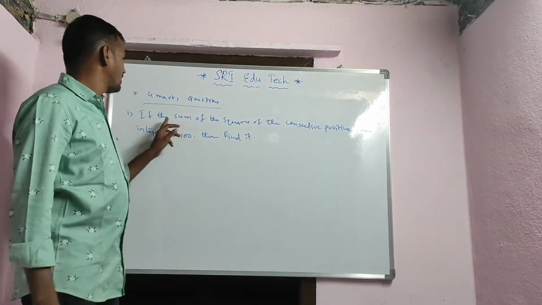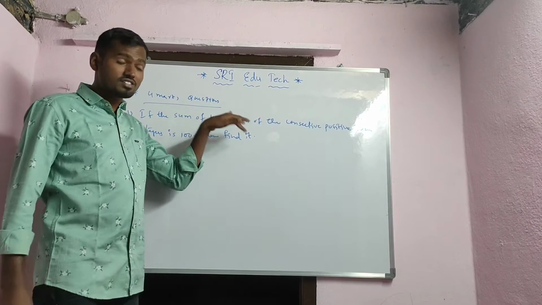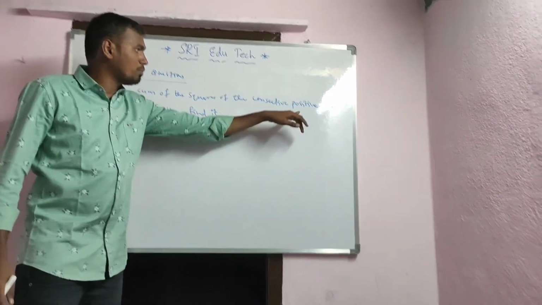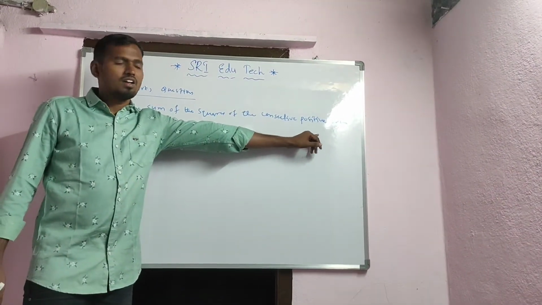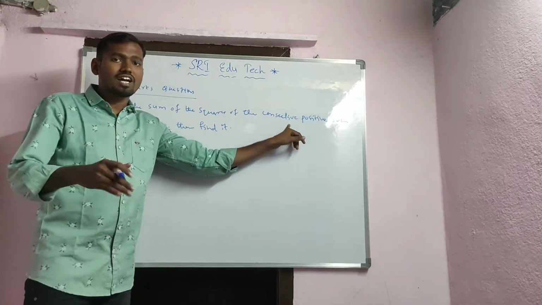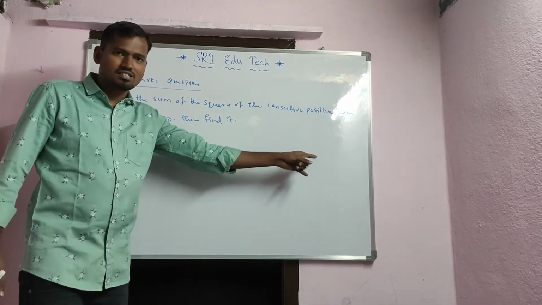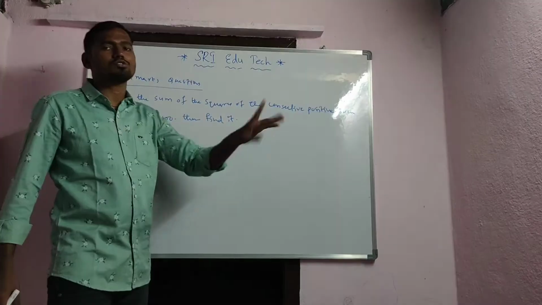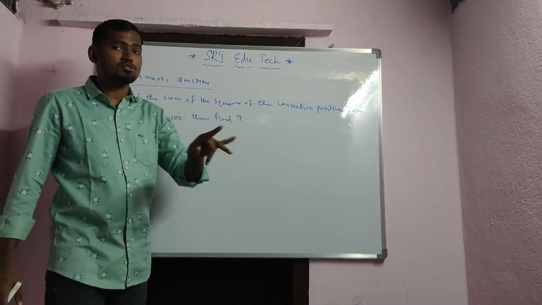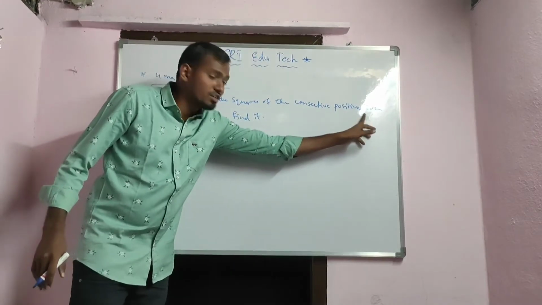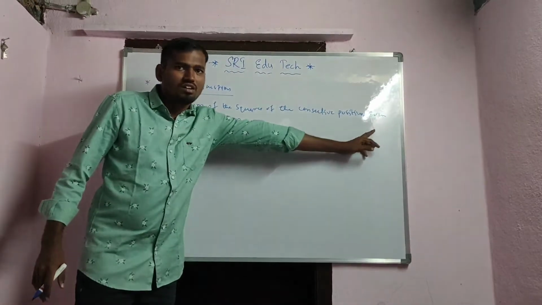Let's see: the sum of the squares of the consecutive even positive integers. You know consecutive means one after the other. Suppose I take one positive integer x, then the consecutive one is x plus 2. Why x plus 2? Because here it is given even positive integers, and even means a difference of 2.